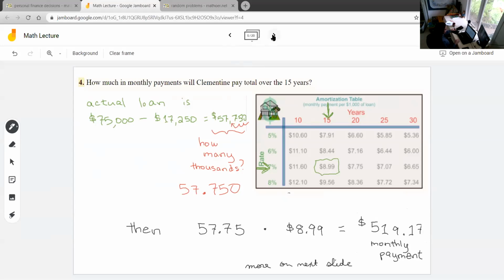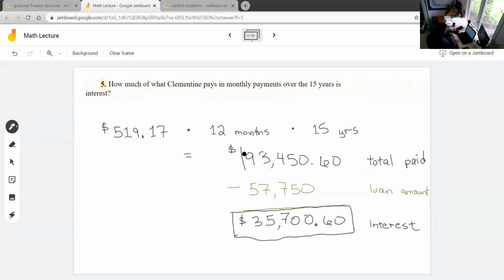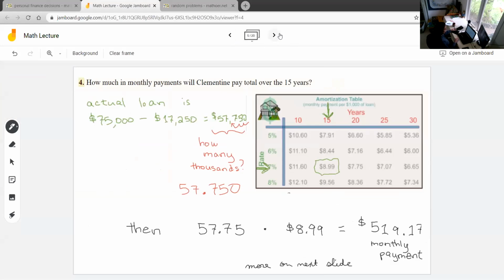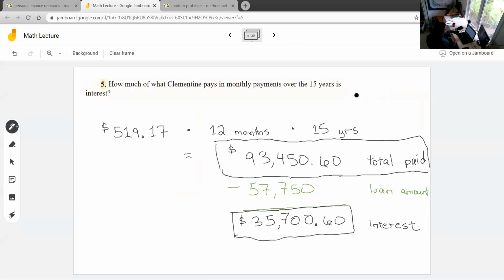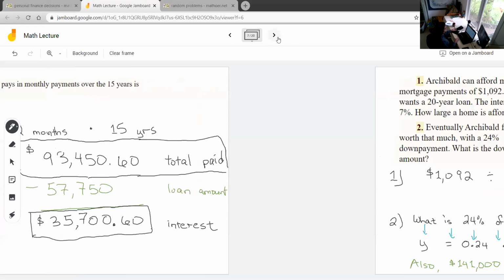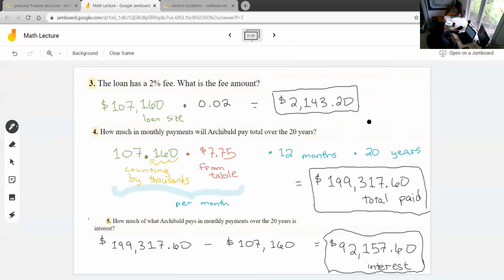What I should have actually boxed was this amount. Oops. What problem 4 asked was how much total she paid. So there we go. What did she pay total? That's the amount I should have boxed. Okay, did it better this time.